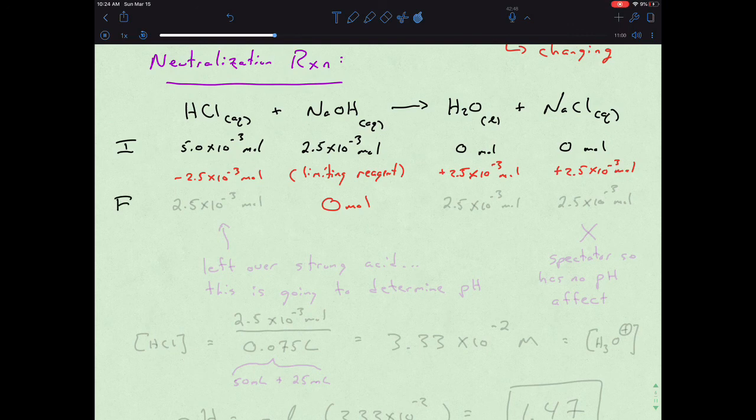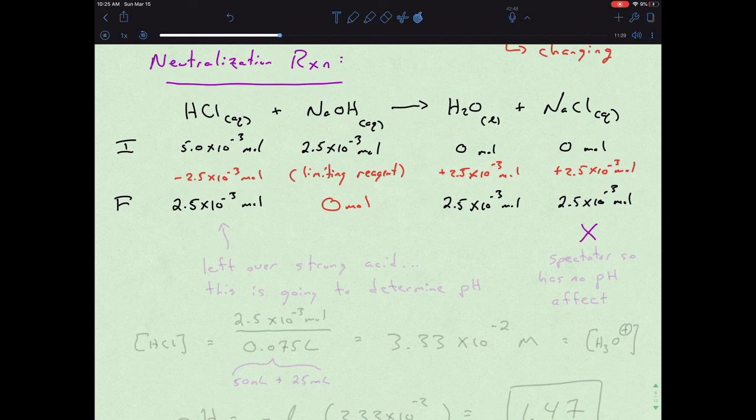And then once the reaction is done, we have the final set of conditions. And so we have these mole values now of 2.5 times 10 to the negative third mole for our HCl. We also have 2.5 times 10 to the negative third moles of our H2O, as well as the sodium chloride.